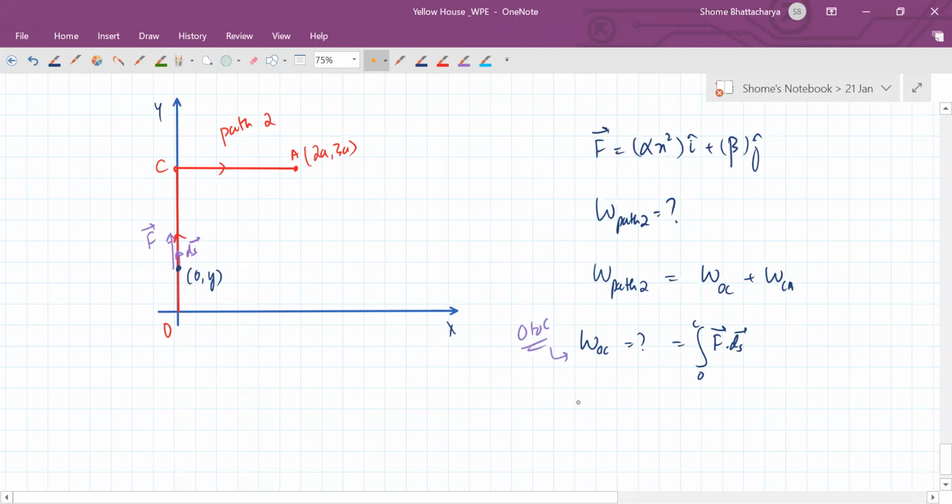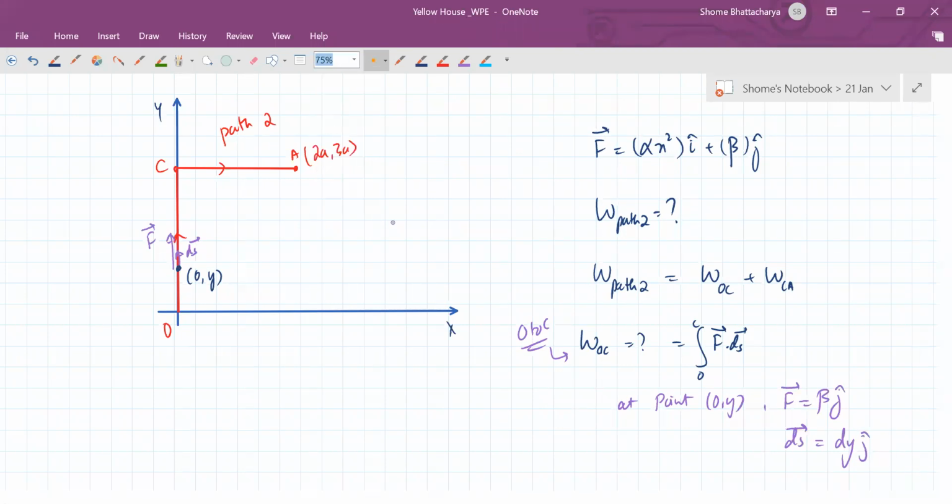Okay, so this part, at a general point 0 comma y, your force is actually very simple. It is just beta j cap, because your x coordinate is 0, and your displacement is dy j cap. So the work done becomes very simple to calculate.